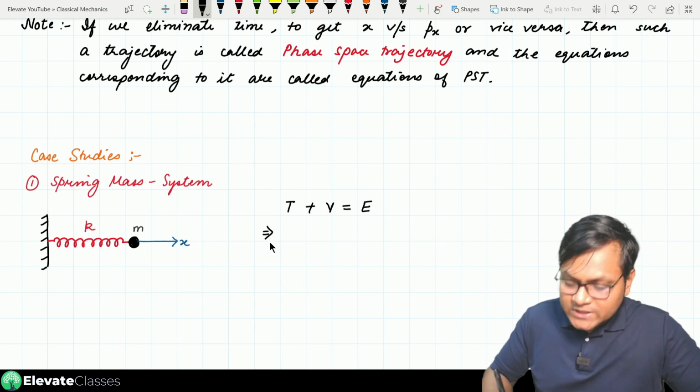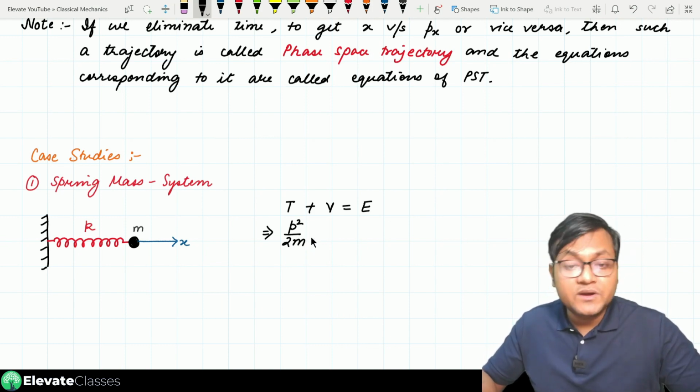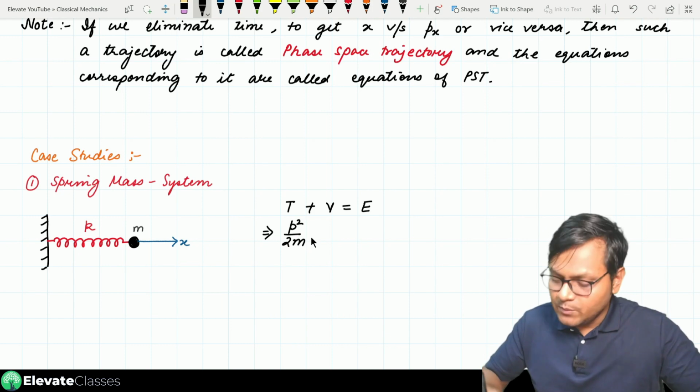All right. So what is kinetic energy? Kinetic energy is simply equal to p square upon 2m. All right, half mv square can be written as p square upon 2m, where p is the momentum.